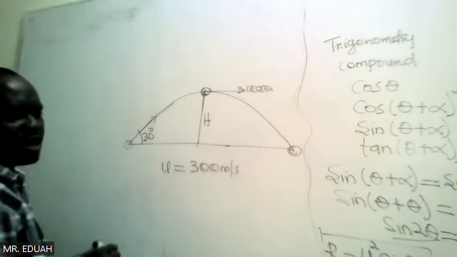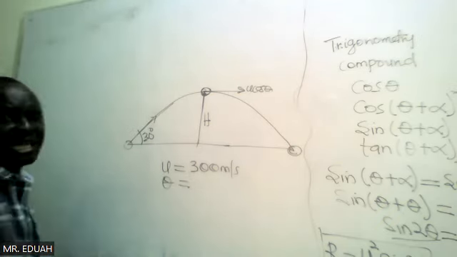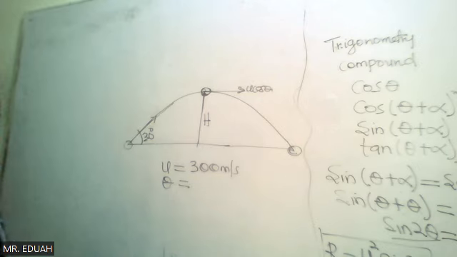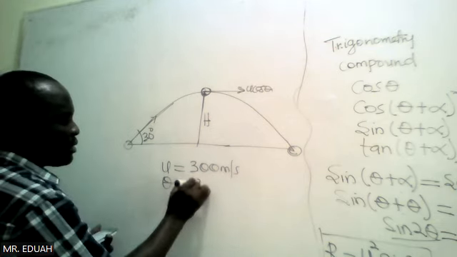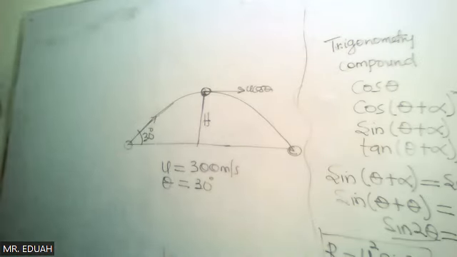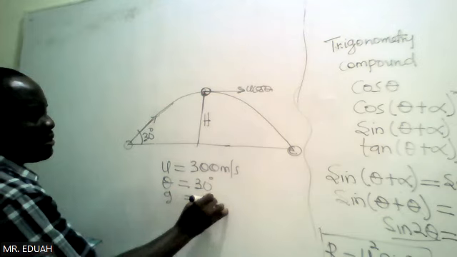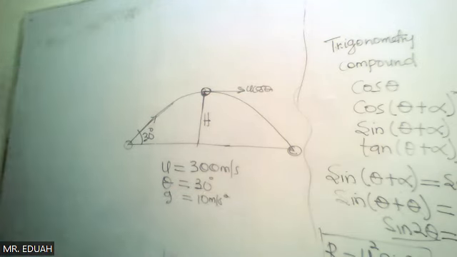We were also given the angle of projection theta to be 30 degrees, and gravity as 10 meters per second squared.